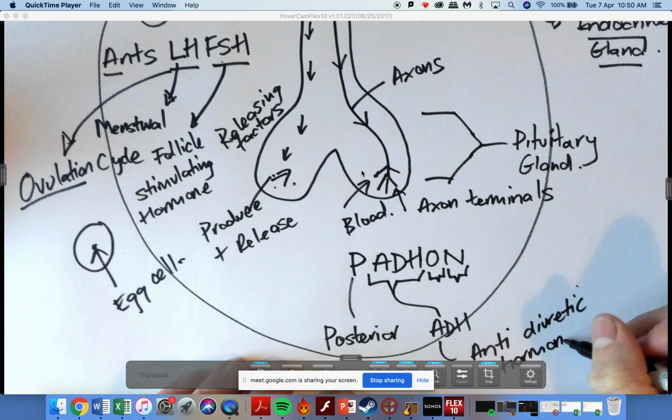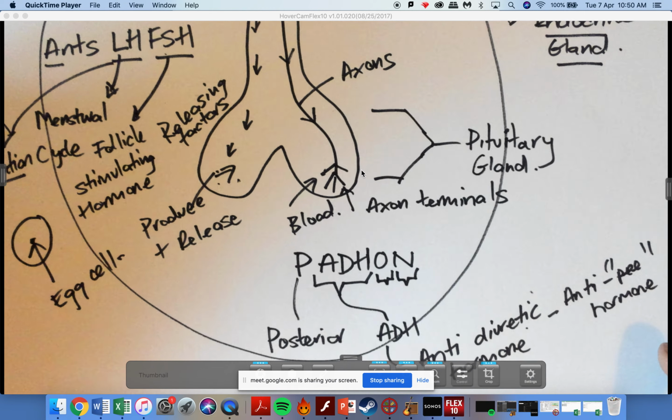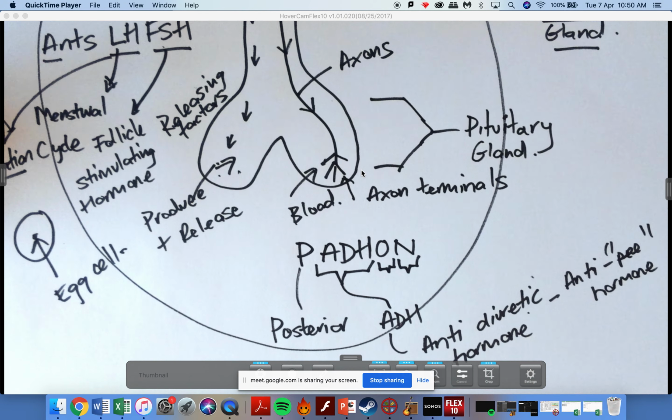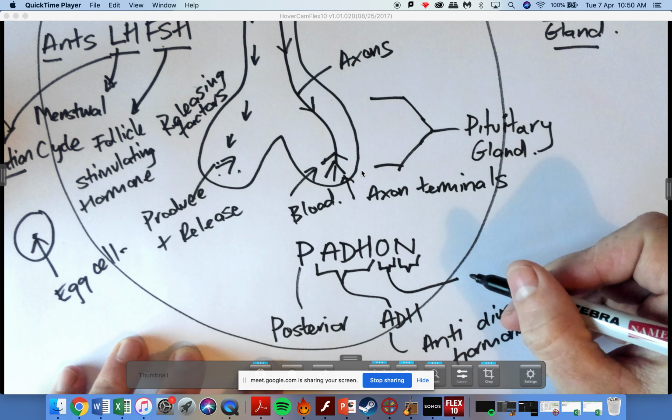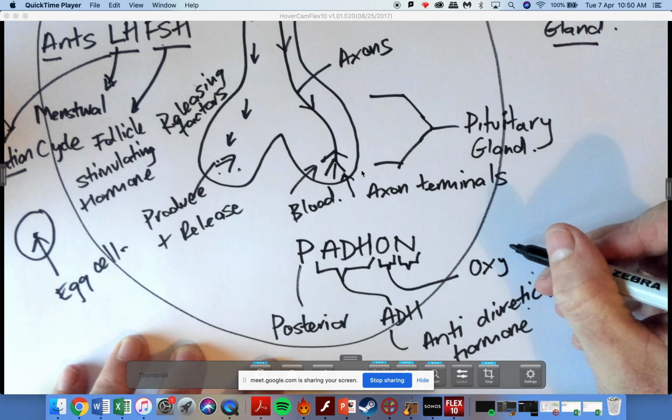It's going to stop you from urinating as much. So it's a water conservation hormone. Okay, so we get ADH, and then the other one is oxytocin. And this is going to be involved in milk secretion.